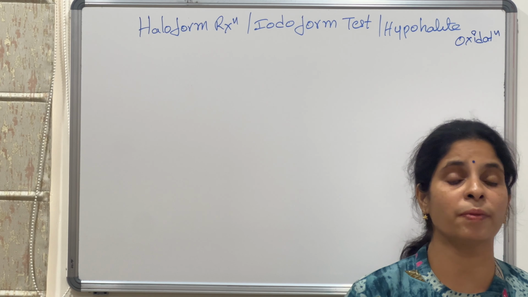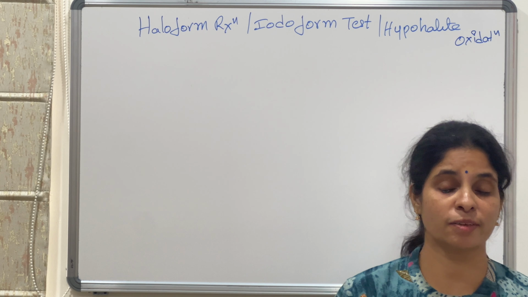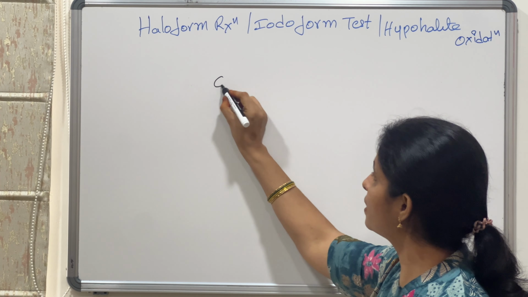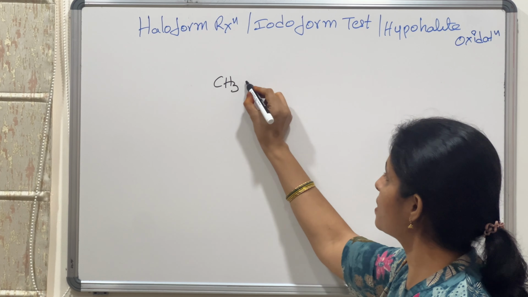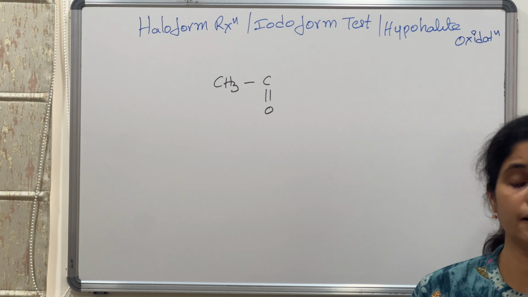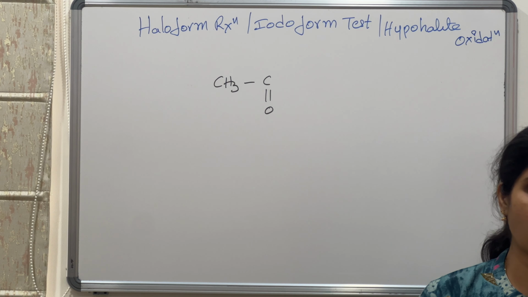It is given by the aldehydes and the ketones containing 3 alpha hydrogens. Means if it is an aldehyde or a ketone, it should contain 3 alpha hydrogens.